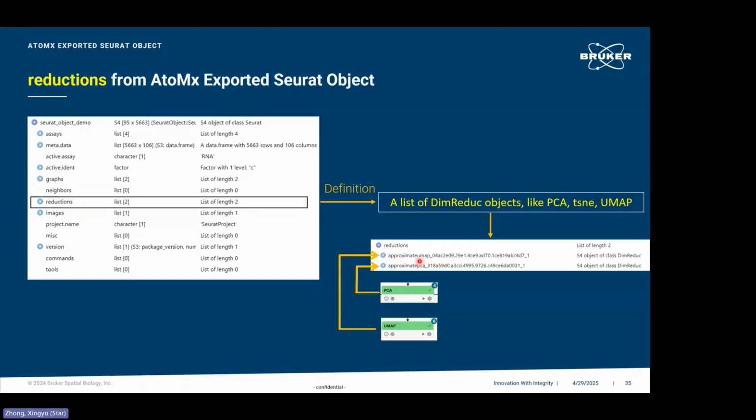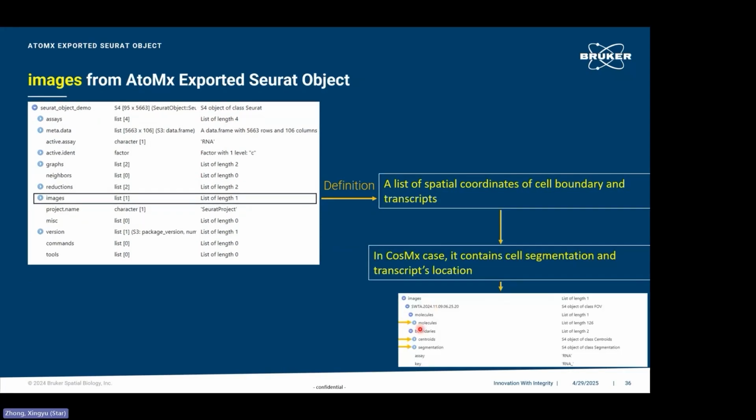Then you can check, like here, this is a UMAP, this is a PCA, and you can access this processed data by the Seurat functions. And the image slot contains the spatial information like the molecular transcript coordinates, and the cell segmentation or cell boundaries.